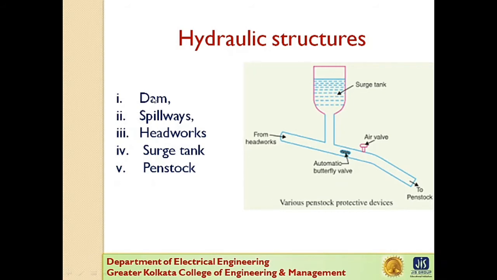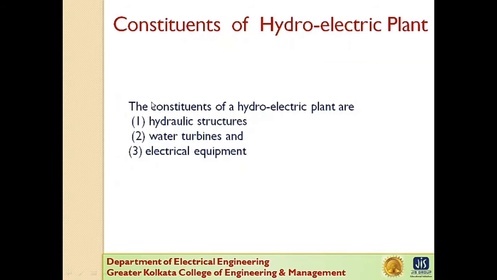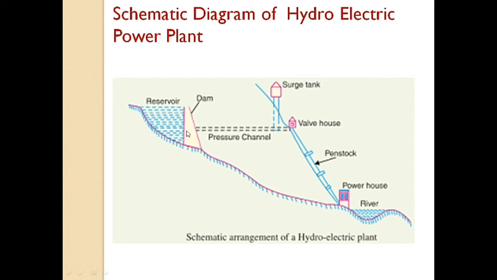At first, dam. A dam is a barrier which stores the water and creates the water head. Now, dams are built of concrete or stone masonry, earth or rock fill. The type of arrangement depends upon the topography of the site.